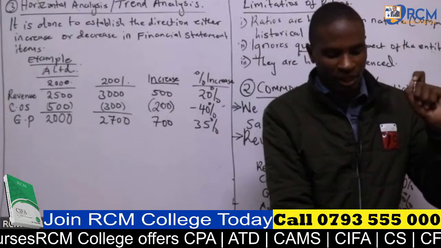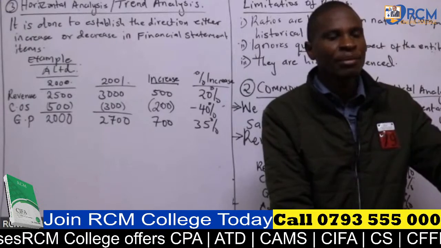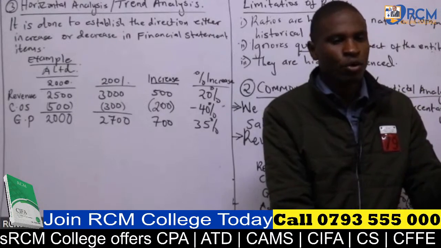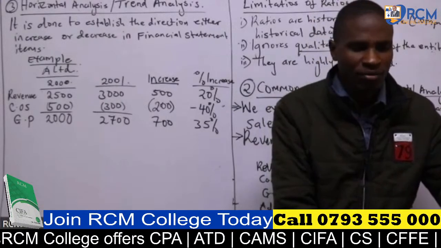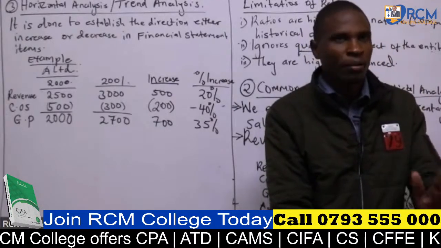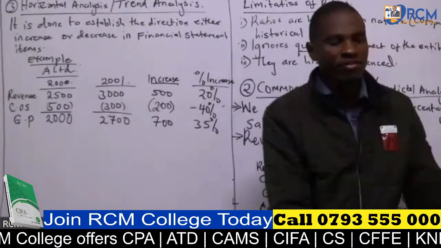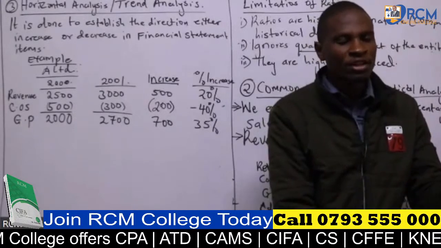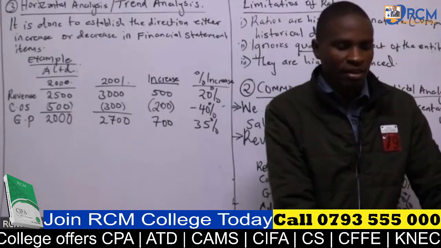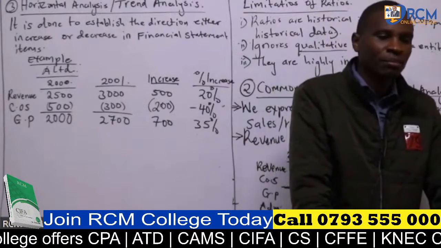The total equity and liability will be at 100%, because it will be that figure divided by itself and then multiplied by 100. Other items like inventory, receivables, PPE, you'll be dividing them by the total sales times 100 to get the percentage.